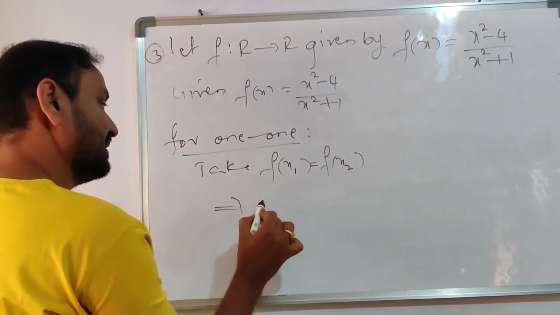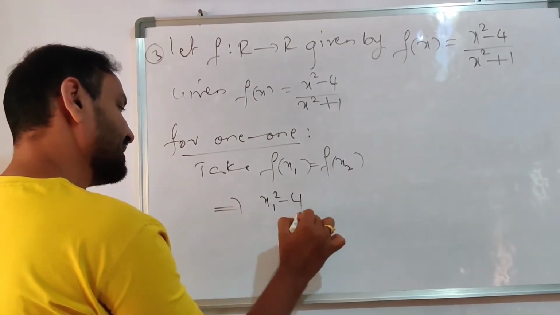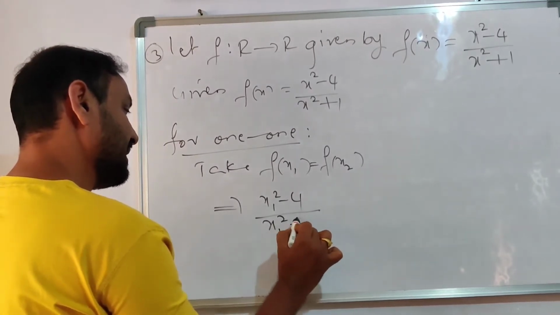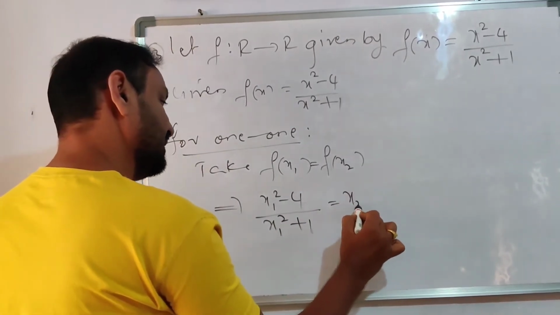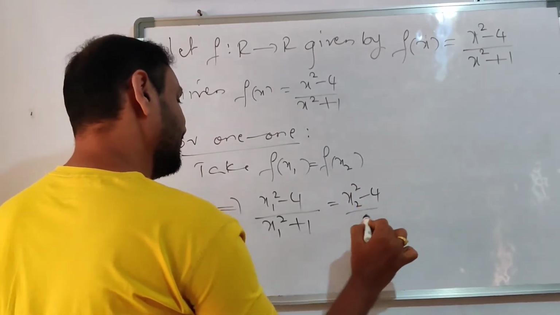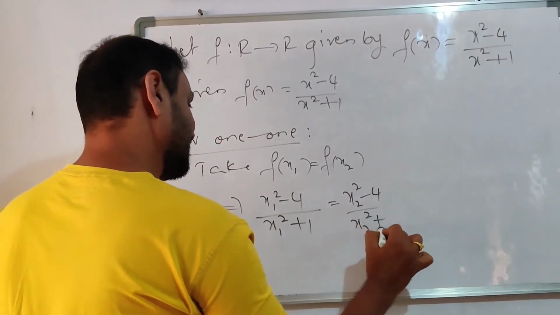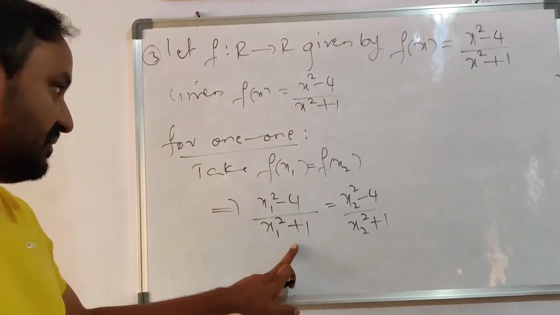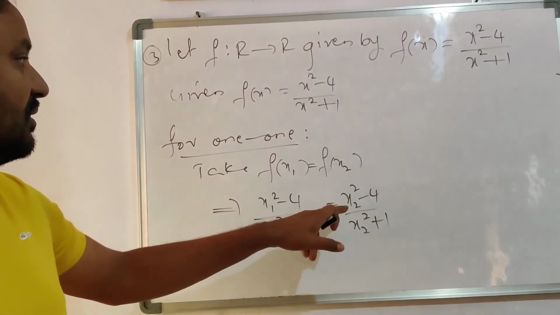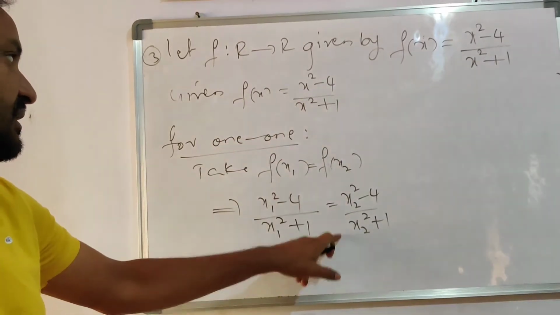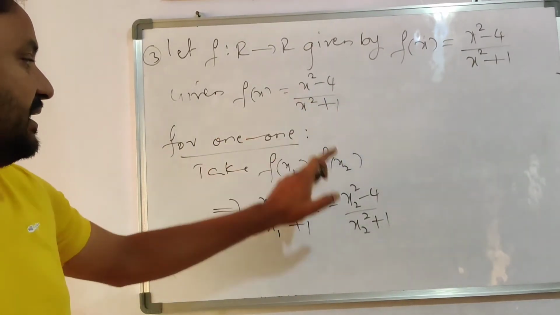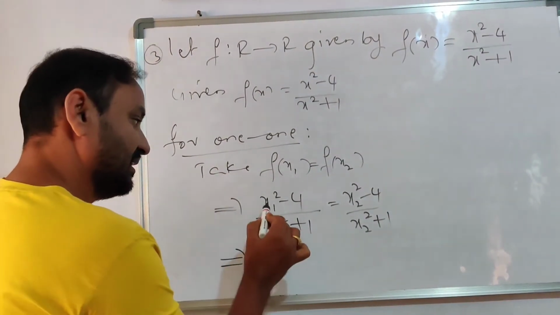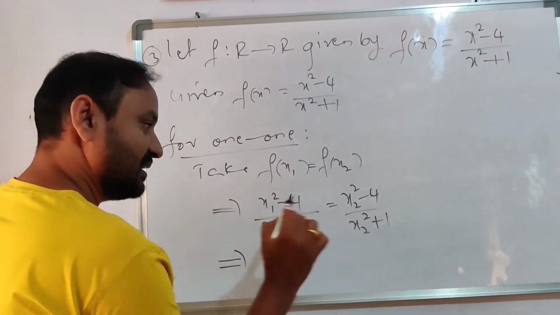That implies (x1² − 4)/(x1² + 1) = (x2² − 4)/(x2² + 1). Replace x = x1 in this one, and x = x2 in this. By cross multiplication, first multiply x1² with this.